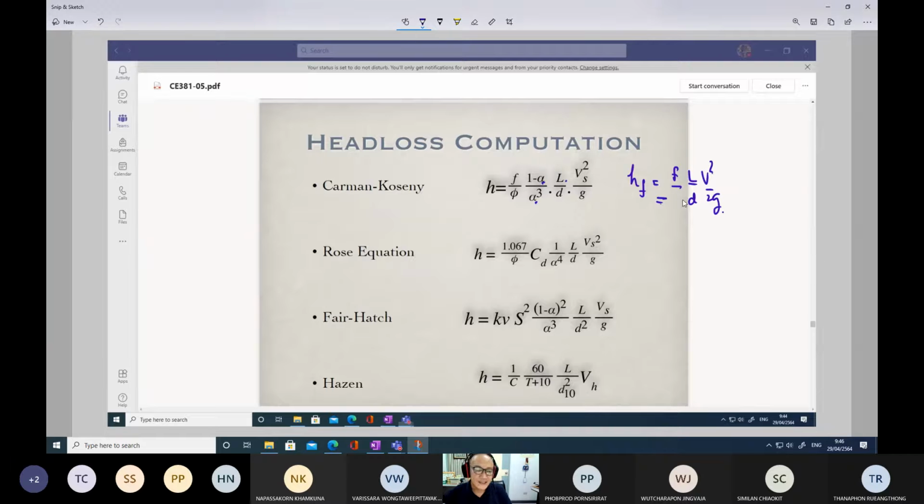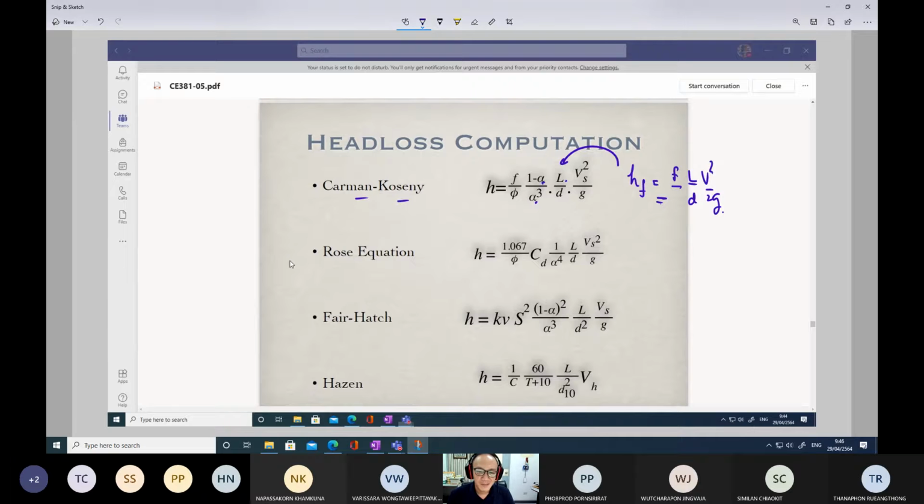Actually, this equation is Darcy's equation. So from Darcy's equation, these two persons revised it and it became this one, and named this equation the Kozeny-Carman equation. So this is probably the simplest form of the head loss determination equations.